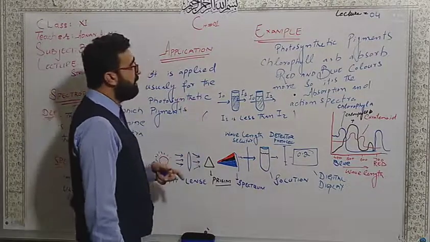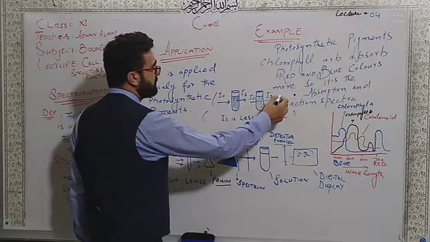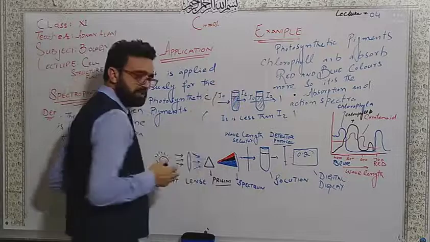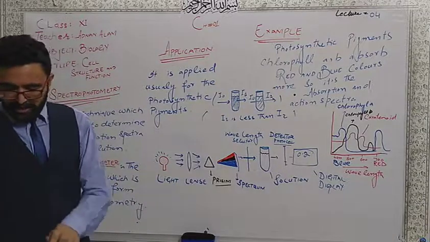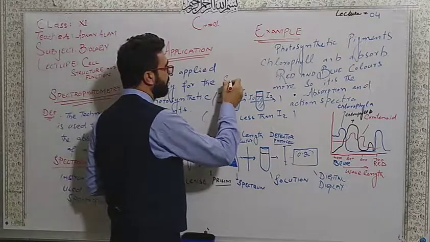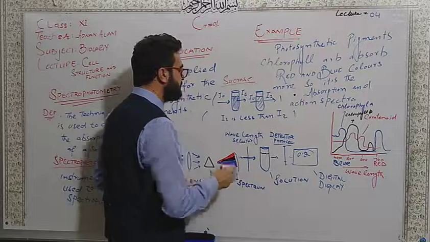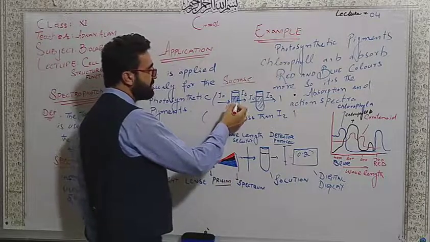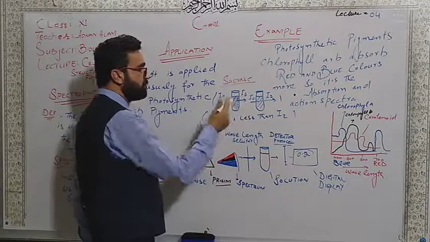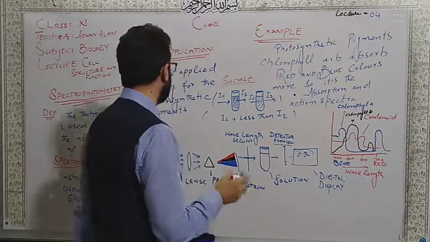Another example I want to share with you: I have 2 solutions of saccharose, simple table sugar solutions, having 2 concentrations. One is of greater concentration, and in the other solution the concentration of the saccharose or table sugar is very low.